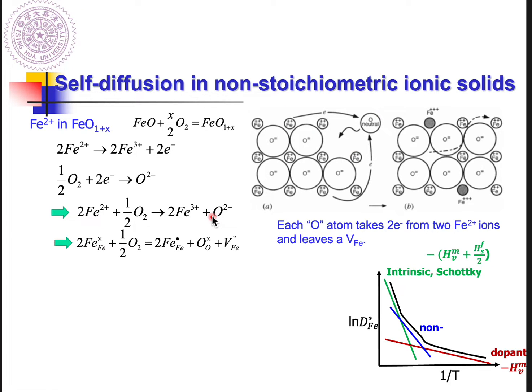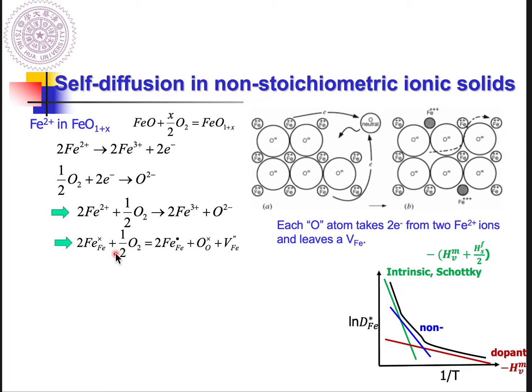Okay, so in order to simplify this equation, we express it like this. Iron ions are located at iron sites before the non-stoichiometry happens.